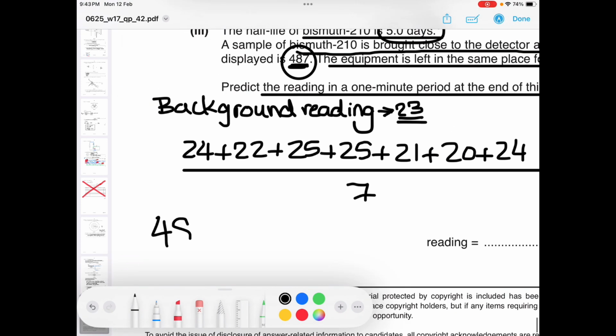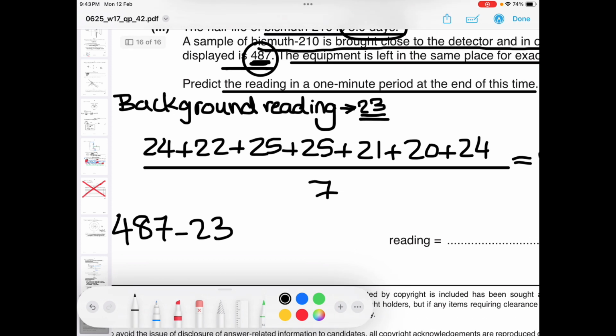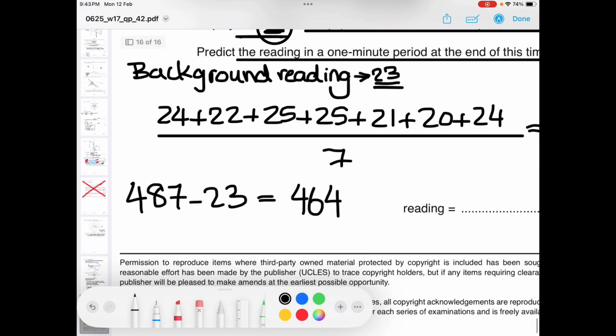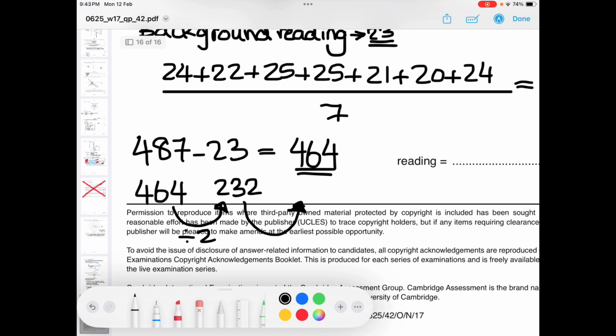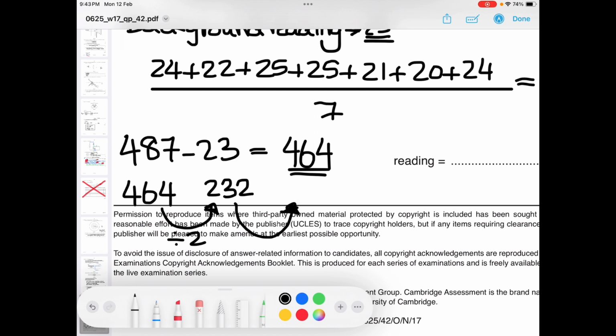So we subtract 23 from 487, which is the reading given. That will give me 464. We divide this 2 times. One half-life, divided by 2, gives 232. Another half-life, divided by 2, gives 116.